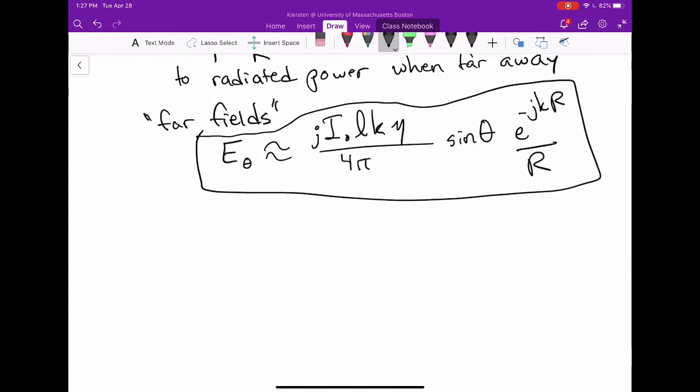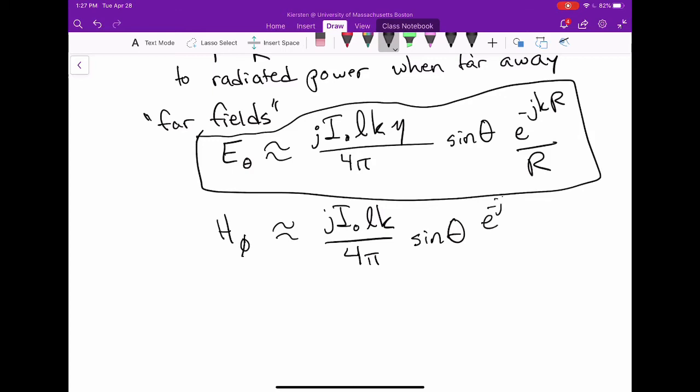And the only magnetic field term for a Hertzian dipole is H phi, and that is approximately j I naught L k over 4 pi sine theta e to the minus j k r over r.